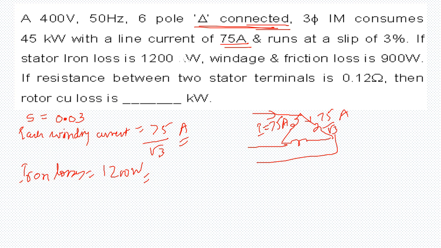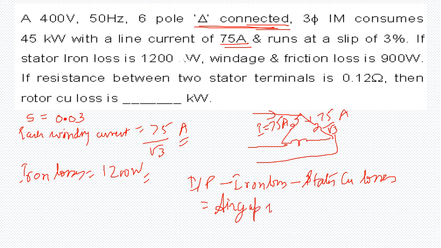If from input power I subtract iron losses and also stator copper losses, then what I get is air gap power. This will be my aim, because once I get air gap power, S times air gap power, meaning slip times air gap power, will be the copper losses of the rotor.